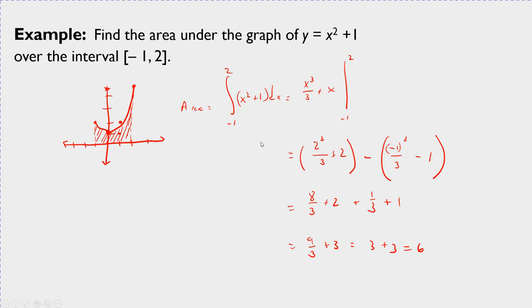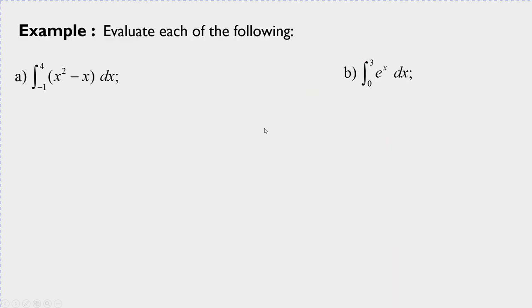Let's just quickly do a bunch more examples just so you can, again, continue to see the process. All right, so let's evaluate each of these. So we're going to evaluate the integral from -1 to 4 of x squared minus x. Well, when you integrate x squared, you get x cubed over 3. Minus, when you integrate x, you get x squared over 2.